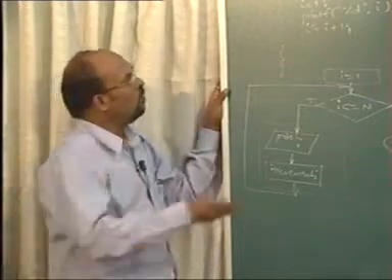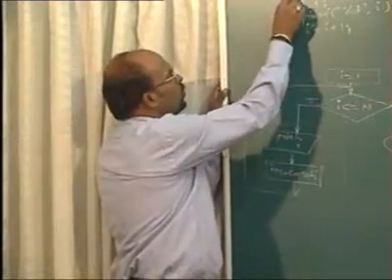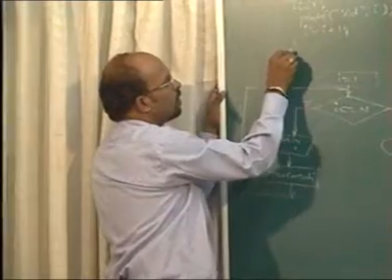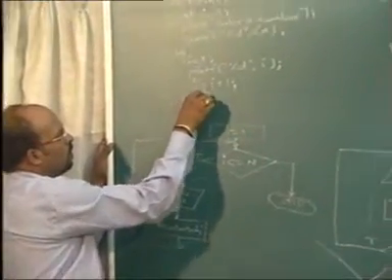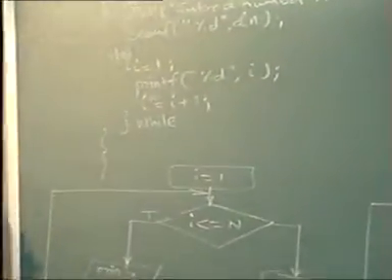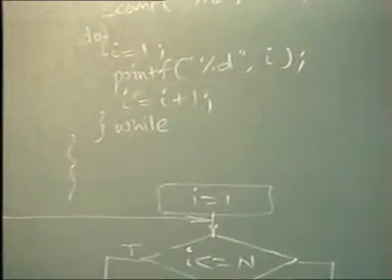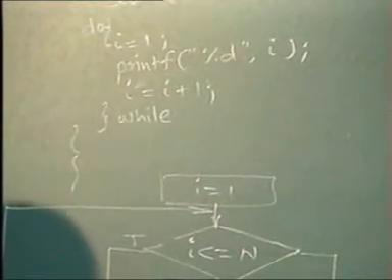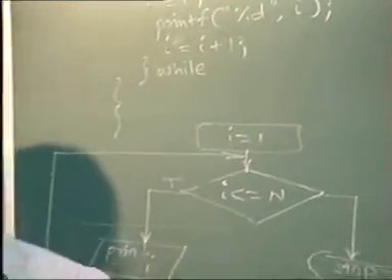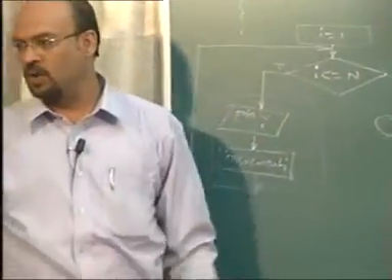Now we will be using something called the do while loop. With do while, you will always come to know whenever you have a check at the bottom and you are taking a jump in the backward direction on a condition.